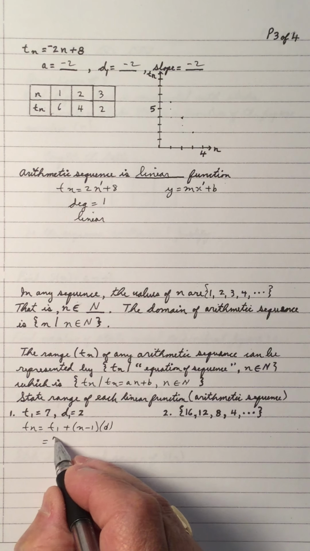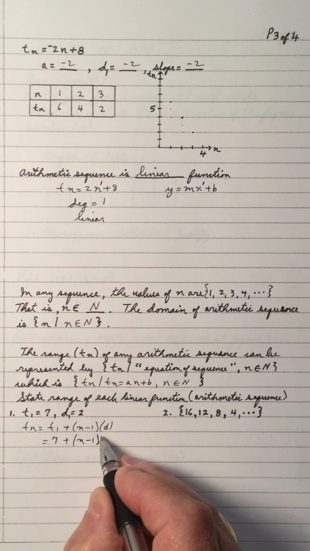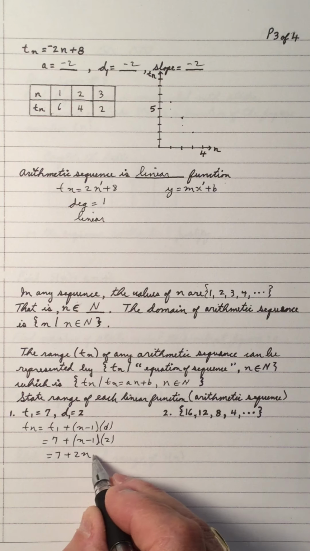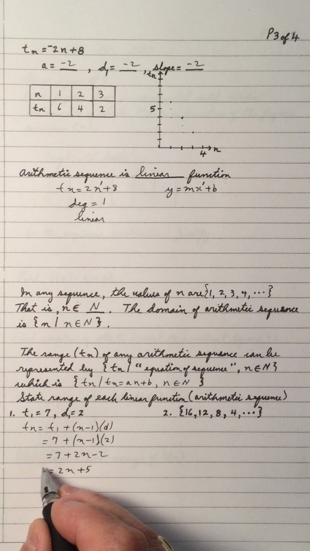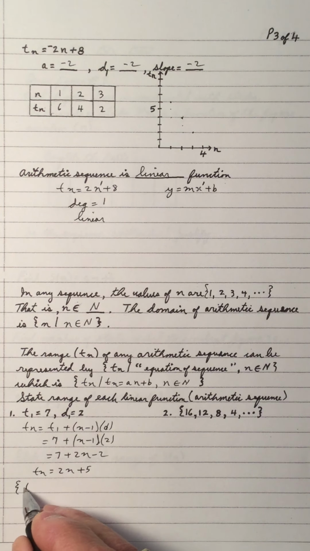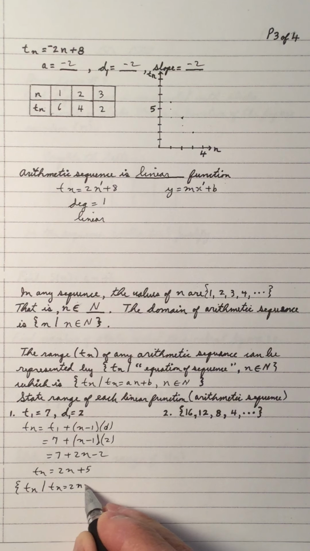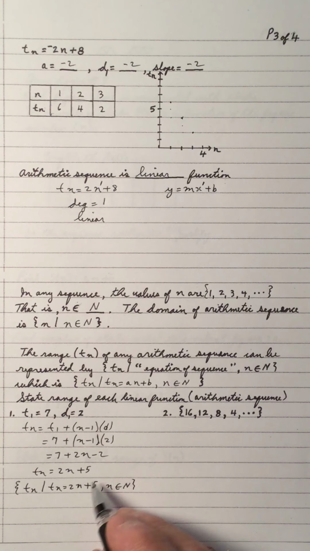T1 is 7, plus n minus 1 times 2. 7 plus 2n minus 2, which is 2n plus 5. So that's my equation. What's the range? The range is the set of all Tn such that Tn equals 2n plus 5, where n belongs to the natural numbers. And that's how you write down the range.